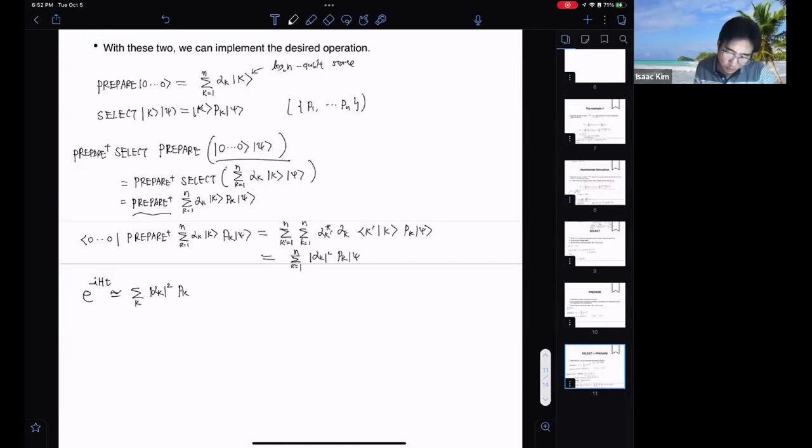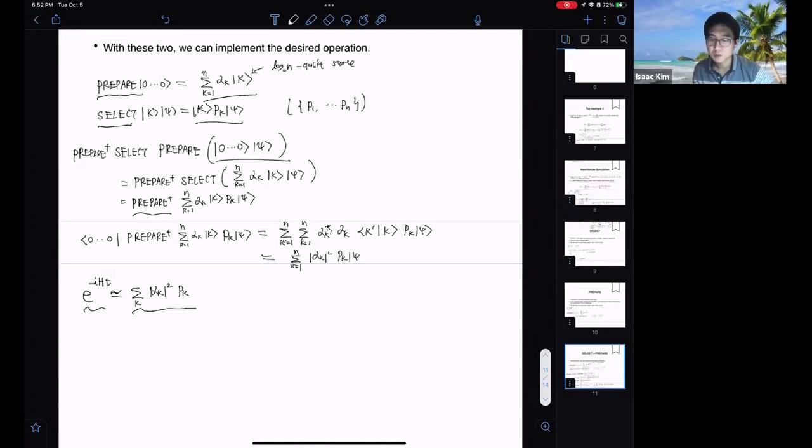Yeah. So what you can do is that, given this unitary operation, you can expand that into this linear combination of unitaries. And then all you need to do is somehow find a quantum circuit called prepare, which maps the zero state to this state, and find a quantum circuit called select that performs this.